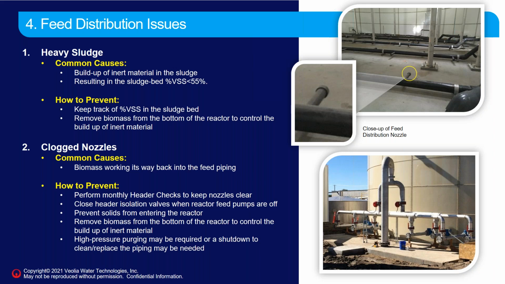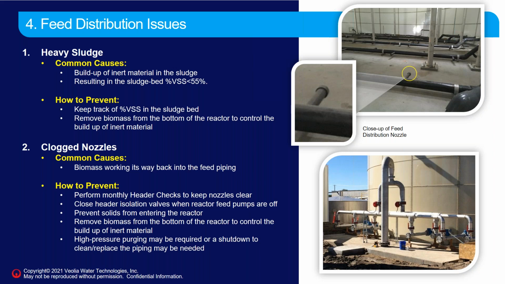You've got to keep track of that. That's in your sludge sampling procedures that you do on a frequency defined by our operation manual. You're measuring the TSS and VSS in your tanks and how high that sludge is up in the tank, and making sure you remove biomass from the bottom to control the buildup of inert material.